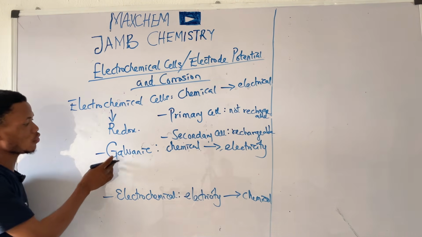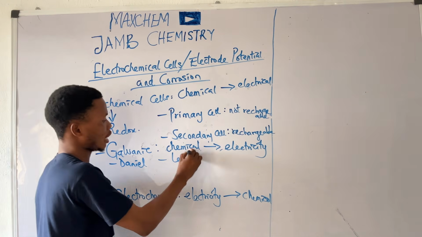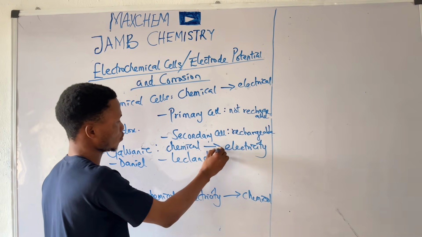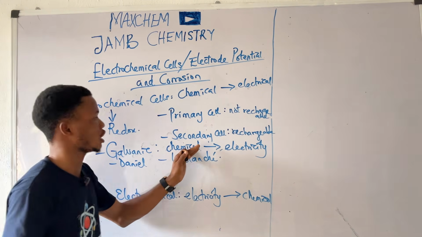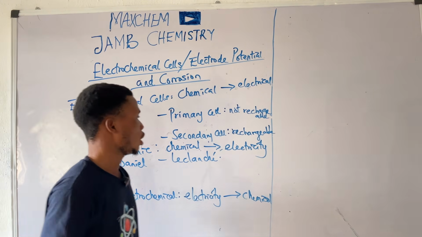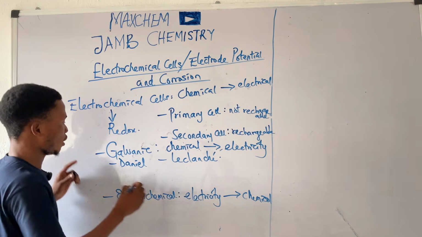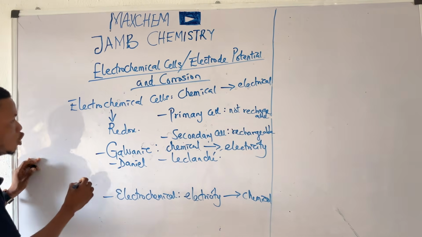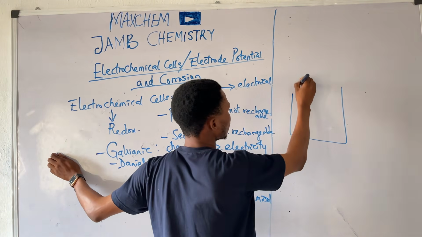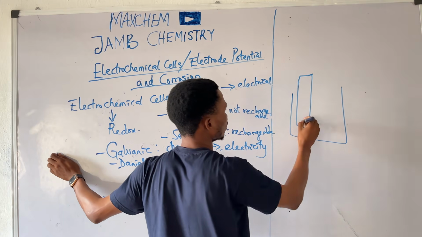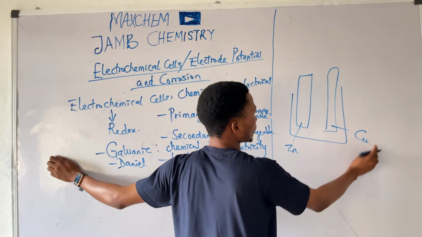An example of galvanic cell, we have the Daniel cell, we have the Leclanché cell. What this cell does is it changes chemical reaction to electricity. For example, in the Daniel cell, you have a cell that contains a zinc plate and a copper plate.